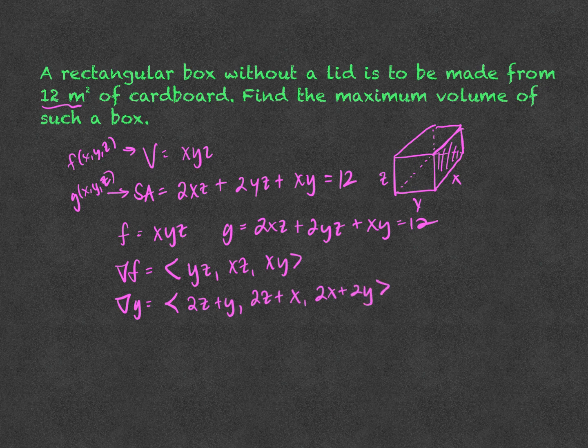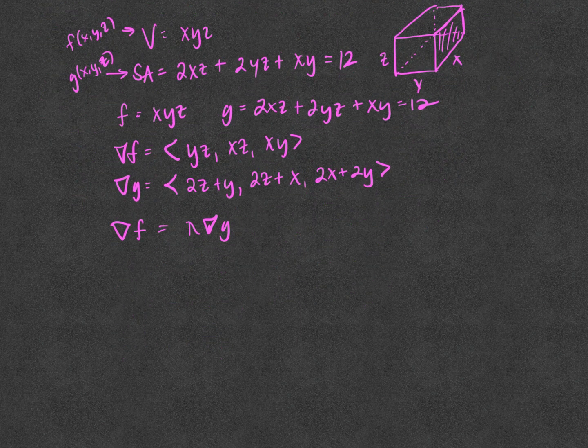Now, the Lagrange multiplier says the gradient of f is equal to lambda times the gradient of g. We also need g equal to 12. So those are going to be our equations. There are three parts to the gradient of f and the gradient of g, which is important. They have to have the same number of components.